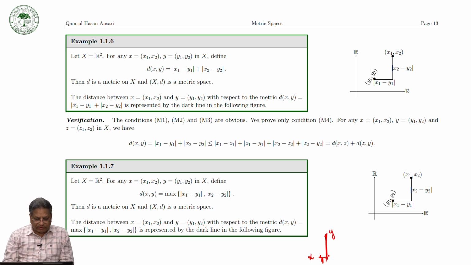And then we will see that it's very easy to see that d is a metric, it satisfies all the properties, a very simple way.